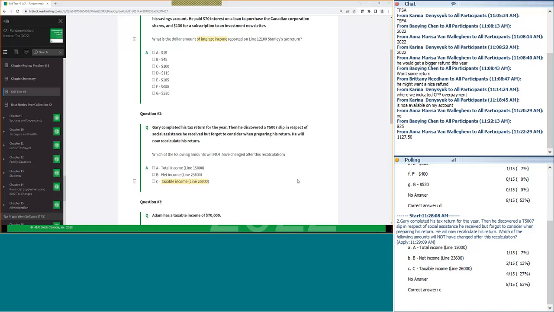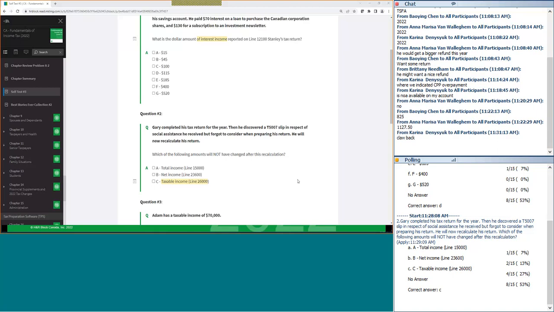If he filled out an MB 479 and they gave him a personal amount, but he had social assistance during the year, what problem do we have for our client now? Anyone who remembers? You do not get to claim all of your personal amount if you're in Manitoba and you had social assistance. So he will have to pay some money back if he was in Manitoba and he had that personal credit.